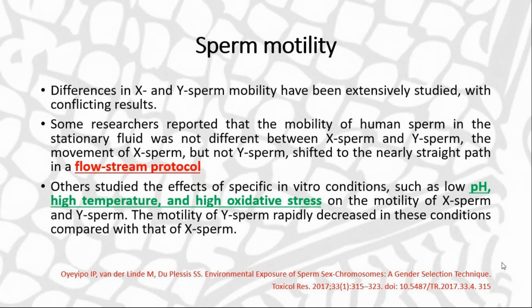Other researchers studied the effect of low pH, high temperature, and high oxidative stress. They found that these changes rapidly decrease and affect the Y bearing sperms, but the X bearing sperm is more resistant.